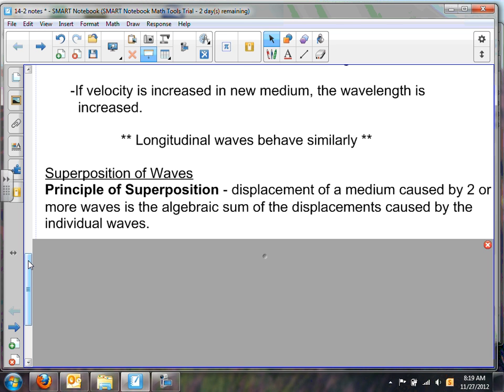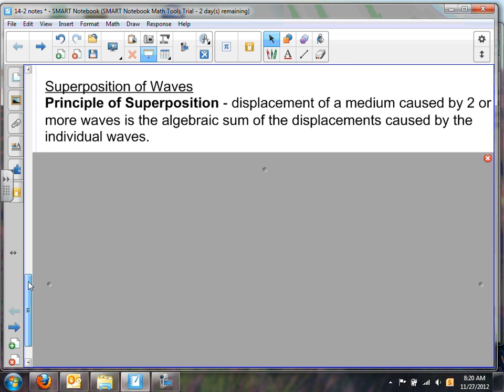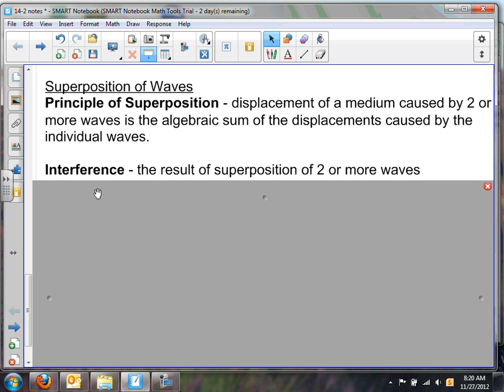So the principle of superposition is what we're dealing with in terms of interference and such. Interference is simply the result of superposition of two or more waves.